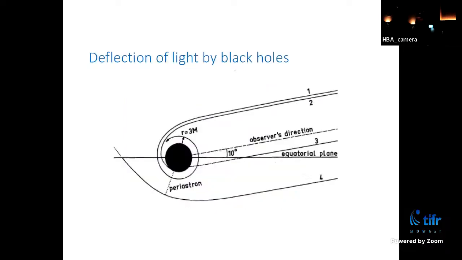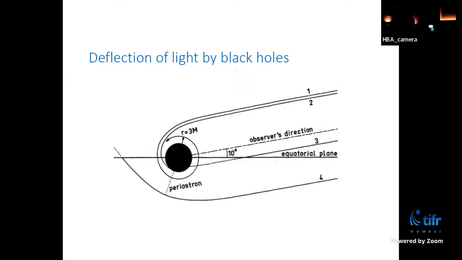Now, to understand how the image of an accretion disk is formed, we need to understand a little bit about the behavior of light in the vicinity of the black hole, outside the horizon. Of course, we know nothing can escape once it goes inside the horizon, but in this vicinity, let's try to understand how light moves.